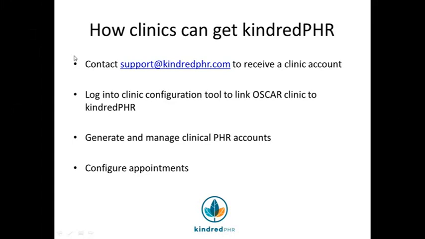One would be to configure appointments that they would want available online, and the second would be to generate and manage clinical PHR accounts. Clinical PHR accounts are PHR accounts that are going to be created for any clinician.